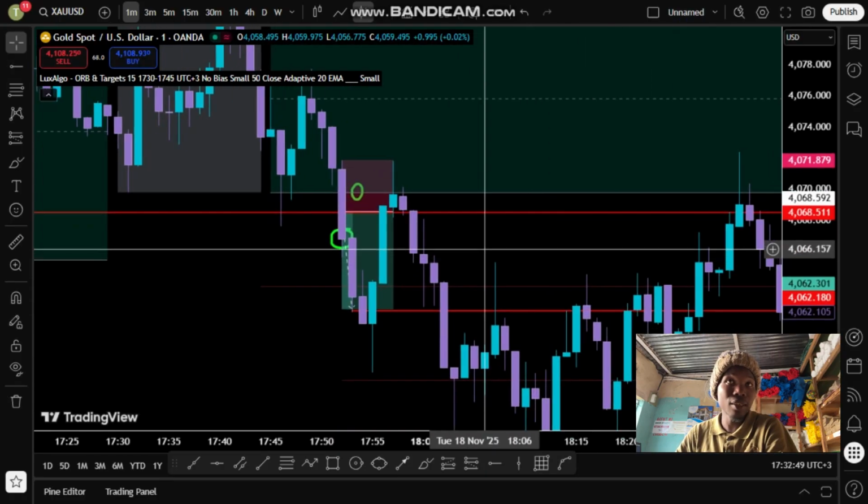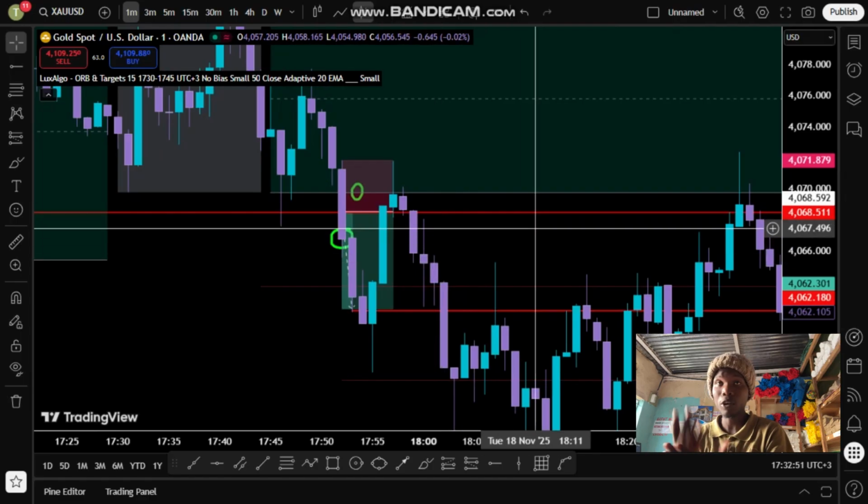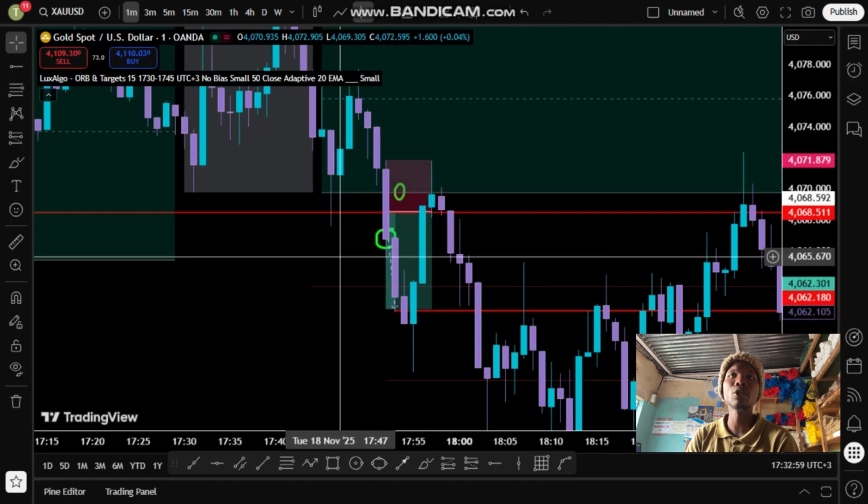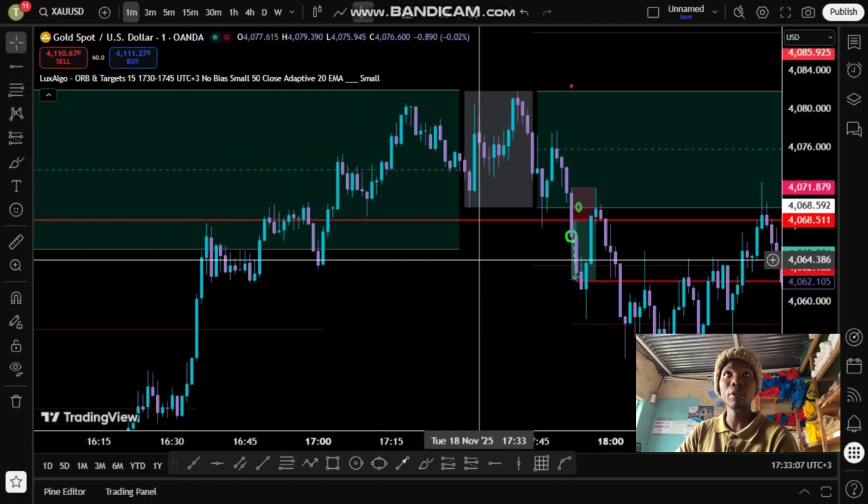Because what price likes to do, don't be greedy, is hit your 1 to 2 and then reverse, like here. So make sure you trail your stop loss, because you're scalpers, you go in and go out as fast as possible. So that is the strategy that I've been using.